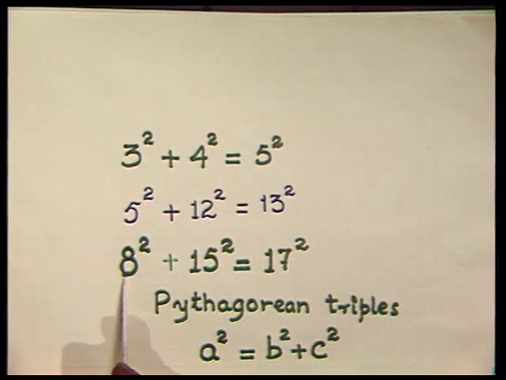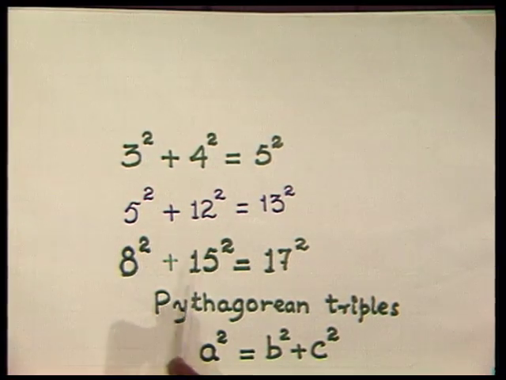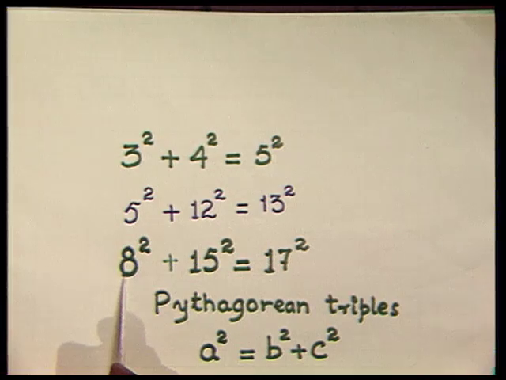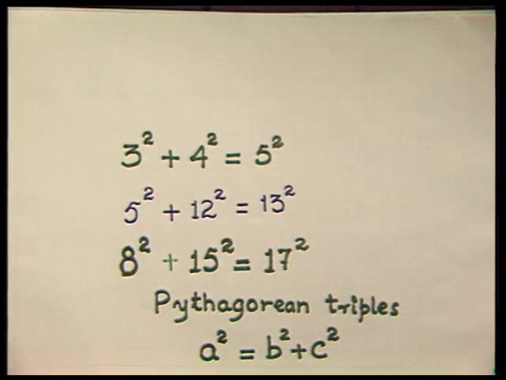If we take one number as 8 and the other as 15, 8 squared is 64, 15 squared is 225, and 17 squared we know is 289. So, that also satisfies this condition. So, these numbers are called Pythagorean triples, and any numbers which satisfy this are of the form a squared plus b squared equals c squared.